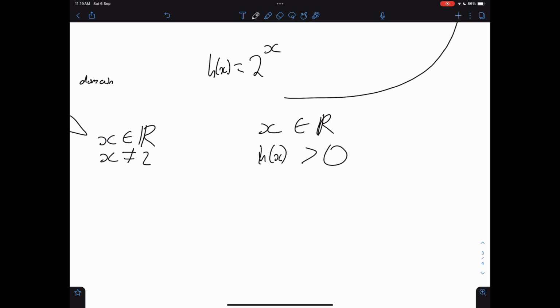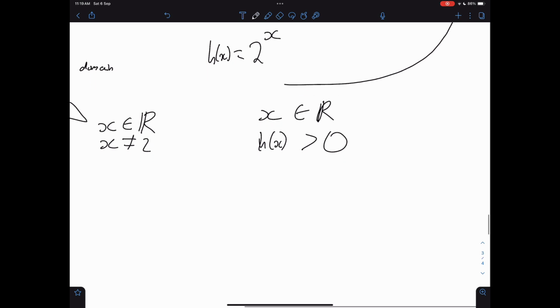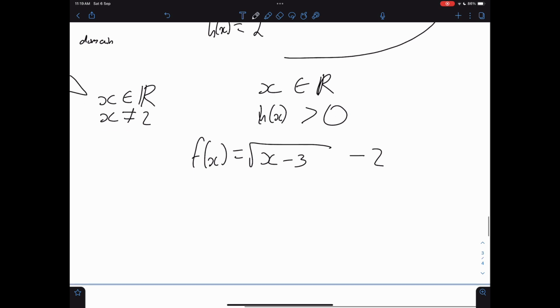And then if you had square roots, square roots can be a bit tricky. Say f of x equals the square root of x minus 3, minus 2. Let's first think about the domain.